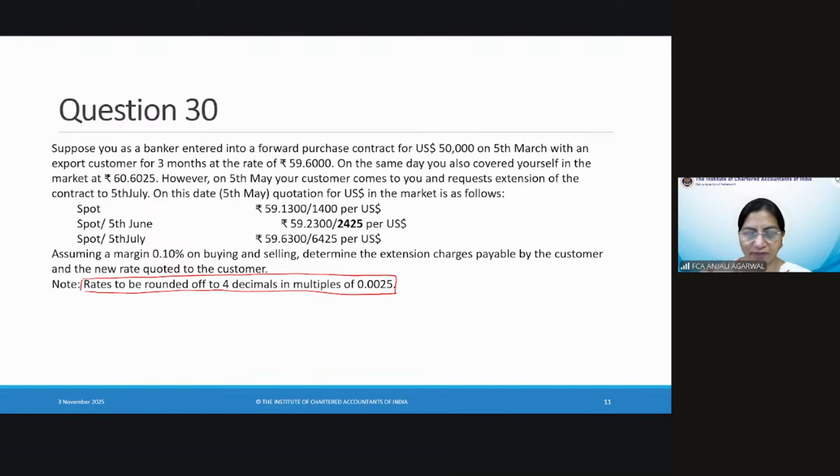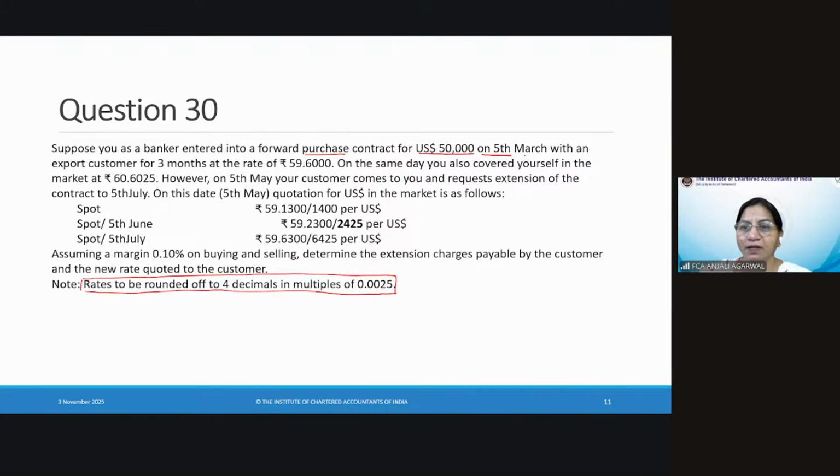Let's look at this one question here. Suppose you as a banker entered into a forward purchase contract for US dollar 50,000. Banker has entered into a purchase contract. Okay, so banker buys, customer sells.